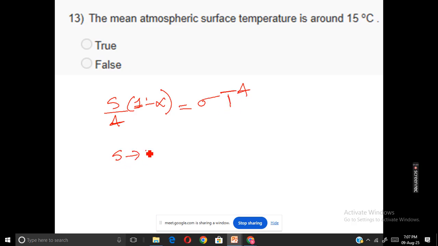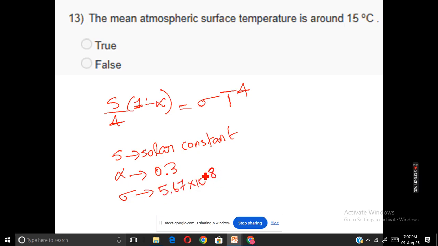S is the solar constant, and we derived its value. Alpha is the average albedo, which was around 0.3. Sigma is the Stefan-Boltzmann constant, which has a value of 5.67 times 10 to the power minus 8 watt per meter squared per Kelvin to the power 4.